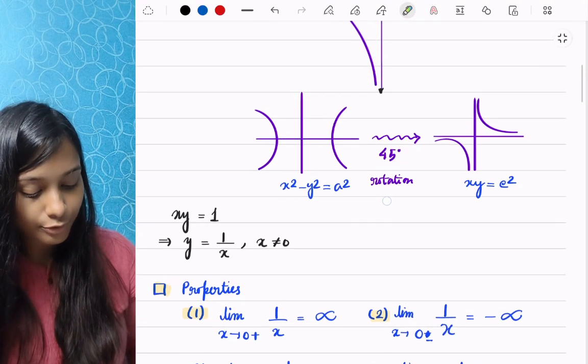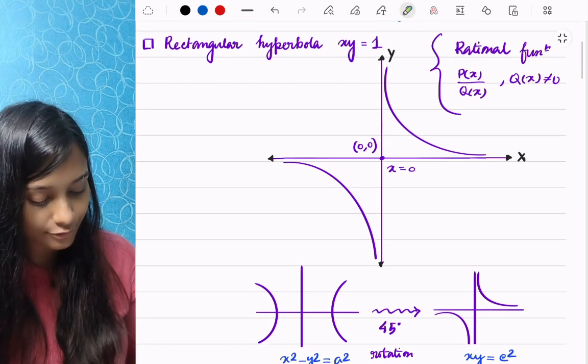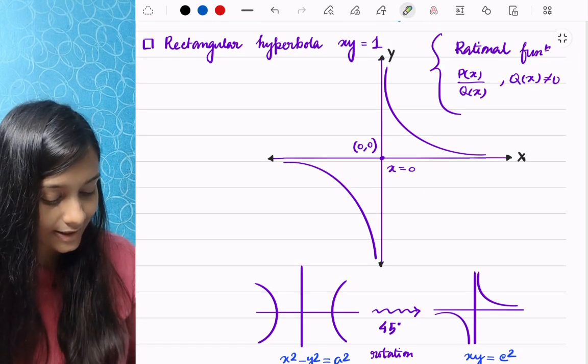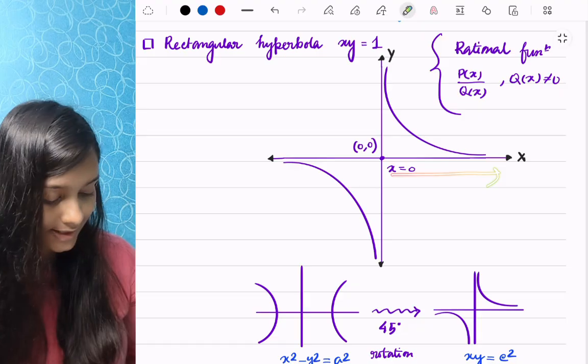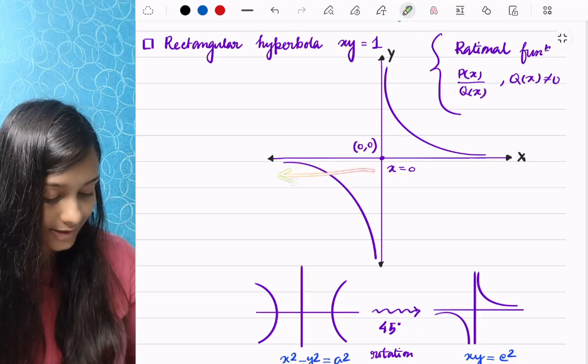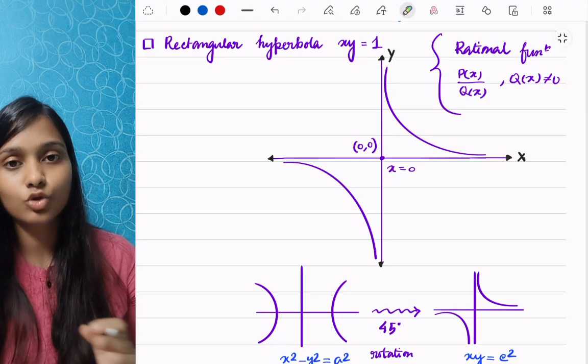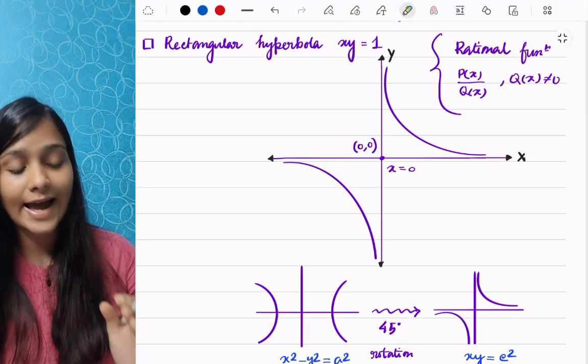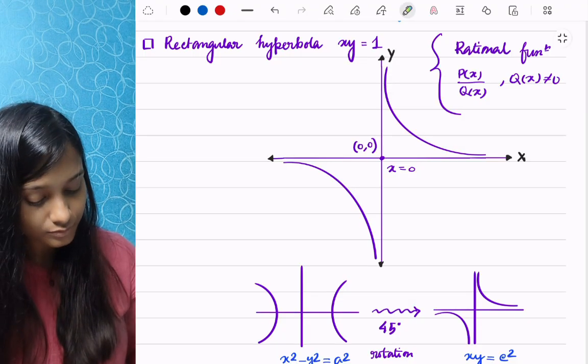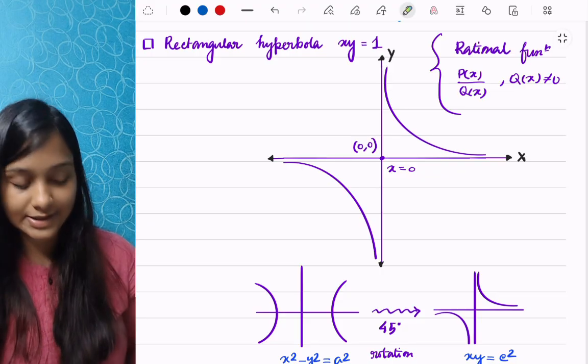Now for the other parts, we can see from here that it can take any x value like this, and it can take any x value like this. So positive side of x and negative side of x, there is no problem. Only problem is at x equals 0. So the domain must be R minus 0.